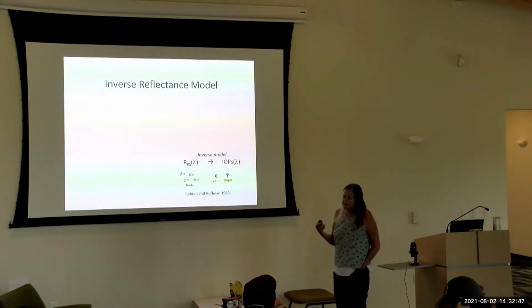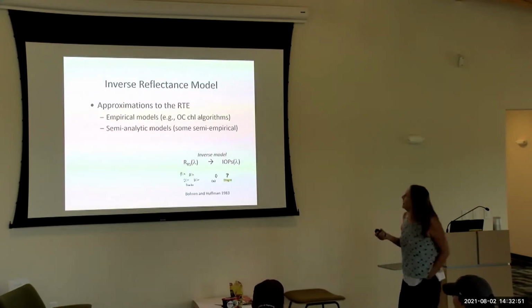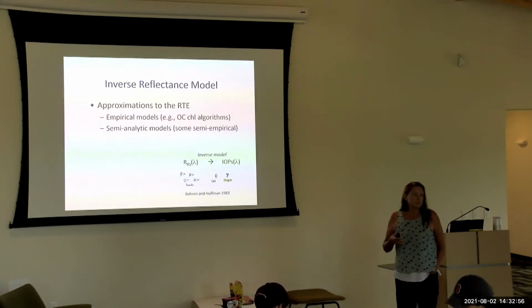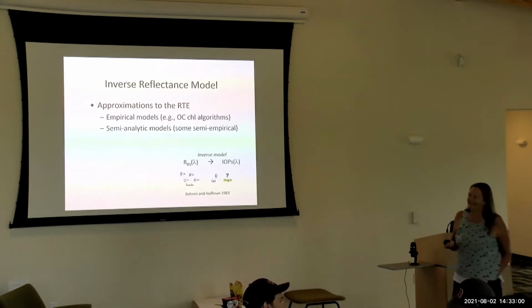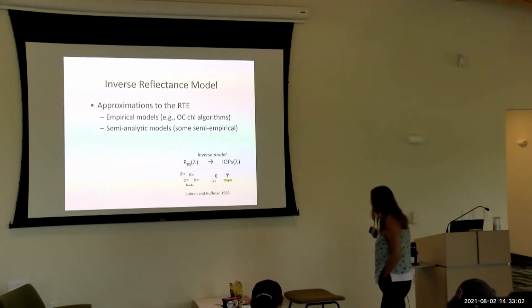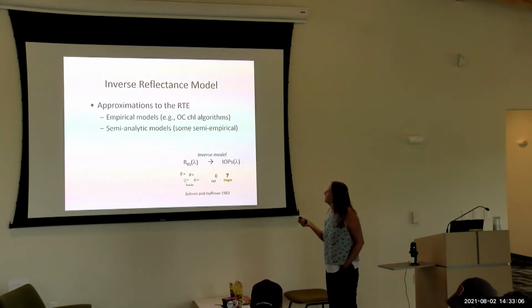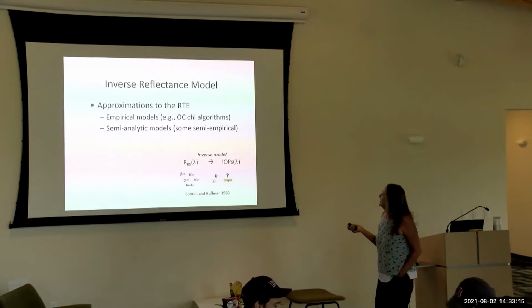Okay. In this approach, we're doing inversion. In this case, we can't run the radiative transfer equation in reverse. There's no anti-Hydrolight, although maybe in 2 more years. So we have to make approximations for the radiative transfer equation. Those can be done using empirical models, which are not really much of an approximation, or these semi-analytic models.